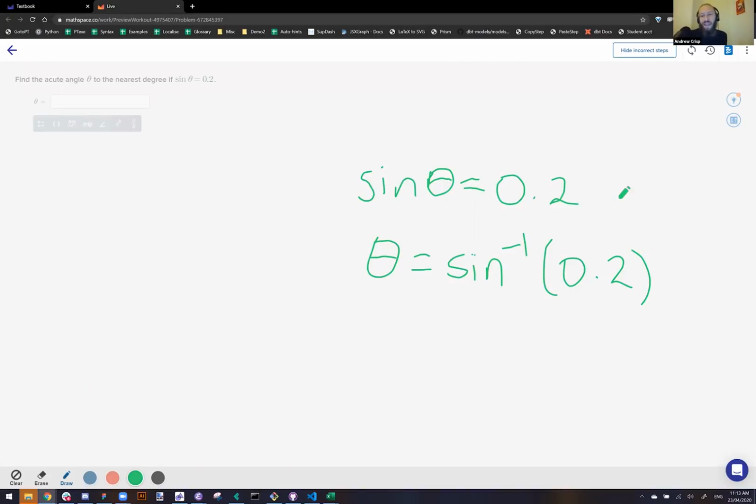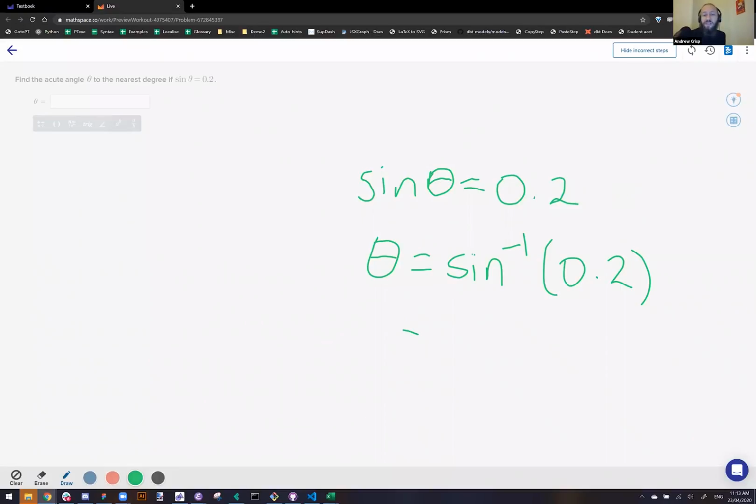Now, inverses can be a little tricky, but remember that the power of -1 kind of means a divide. So it's not 0.2 divided by sine. This -1 is telling me that I'm going from the y-axis down to the x-axis rather than the regular way, which is going from the x-axis up to the y-axis.